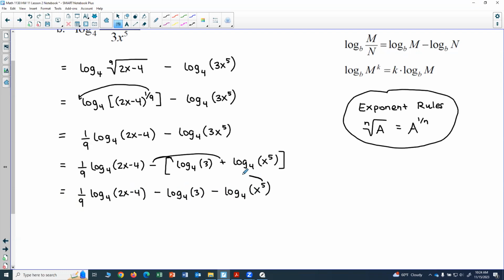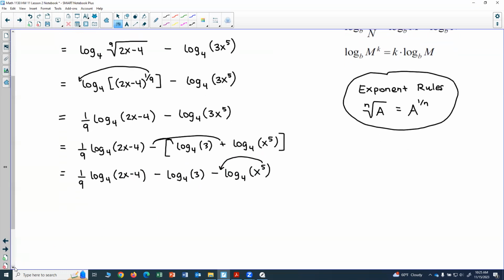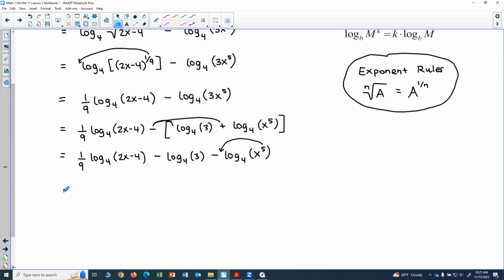So that means that we can use the property where the exponent comes down in front. So our final answer is going to be 1/9 log base 4 of 2x minus 4 minus log base 4 of 3 minus 5 log base 4 of x.